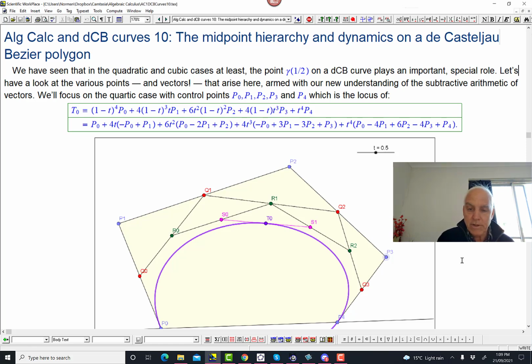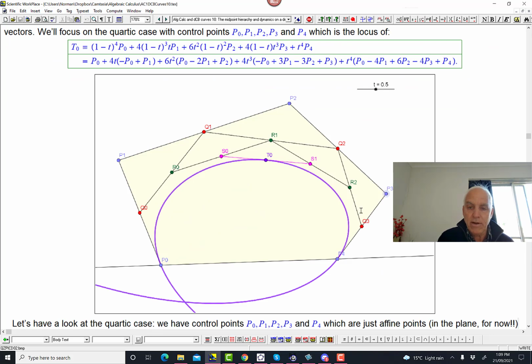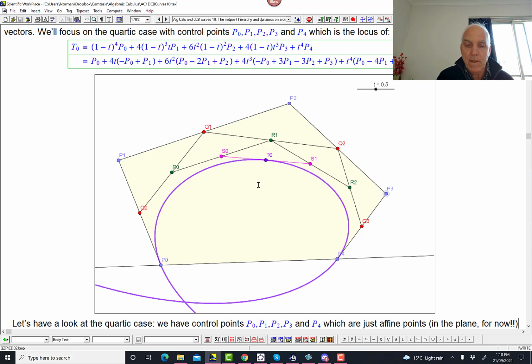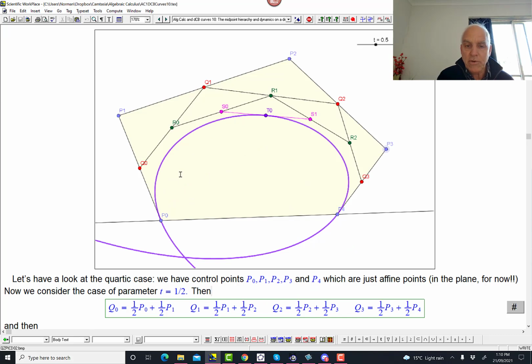Scroll down here a little bit so you can get a picture of this thing. Okay, there is a quartic. And here what we're looking at is a snapshot where our parameter t is just at 0.5. So that's a pretty important special case. We've seen that in the quadratic and cubic case, that particular value has an important role when we're interested in integrating or finding the signed area of the corresponding curve.